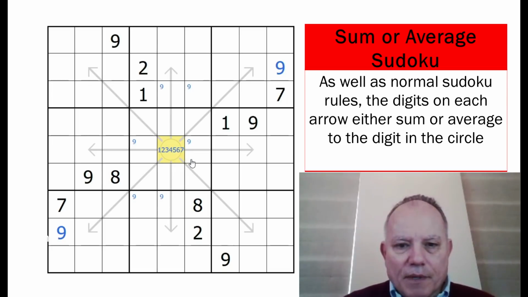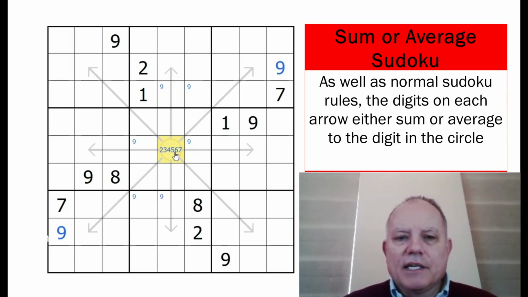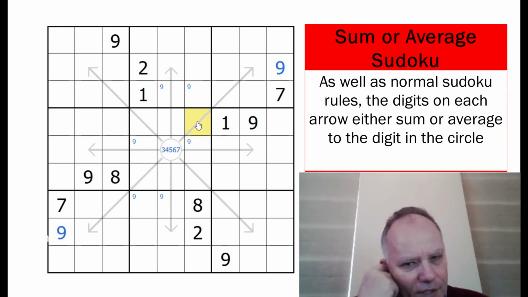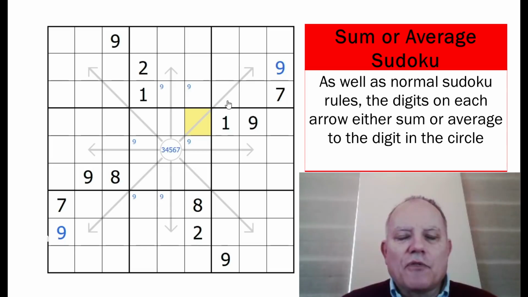Let's put all the other possibilities in. I think maybe now I'll start from the bottom. This clearly can't be a 1 because 3 cells couldn't average or sum to that. So we can get rid of that possibility. The same's true of a 2. Certainly sum's impossible, and for 3 cells to average 2, they'd have to be 1, 2, 3 or 2, 2, 2, and there's just no way that that's going to fit in.